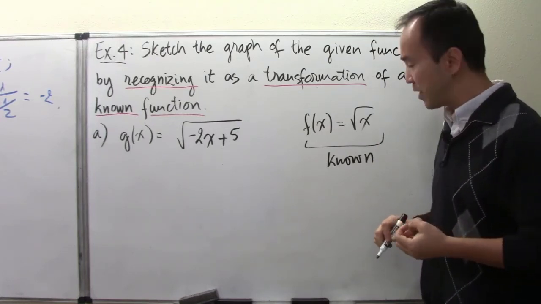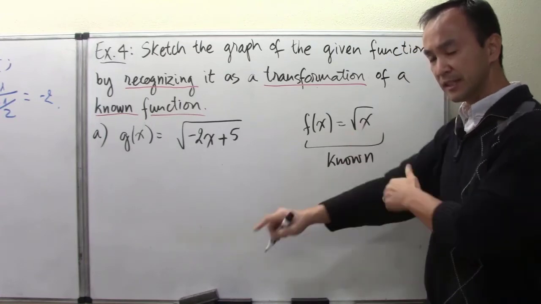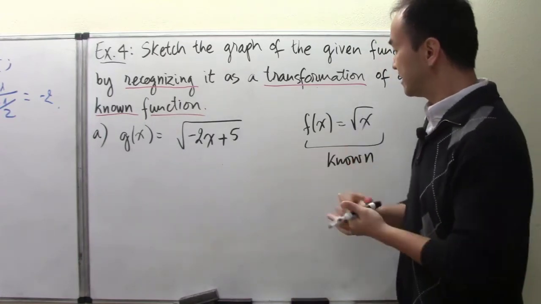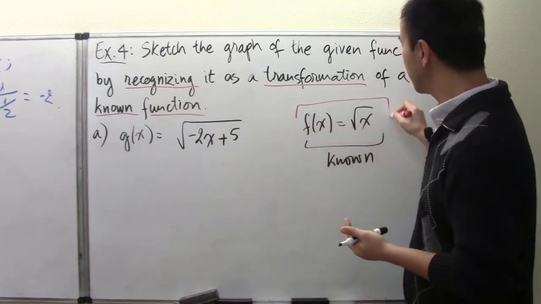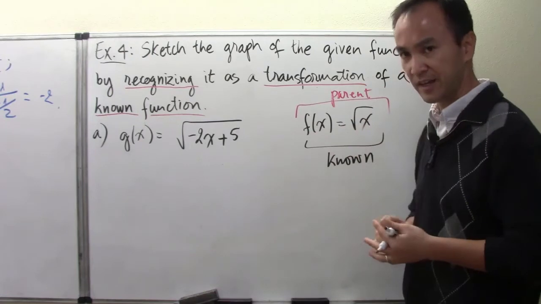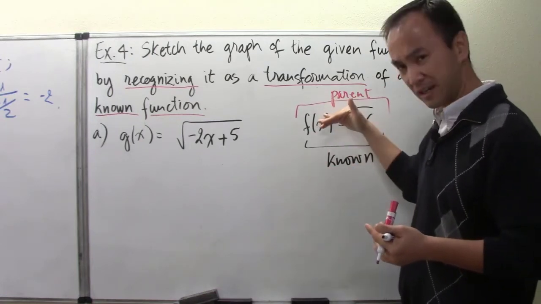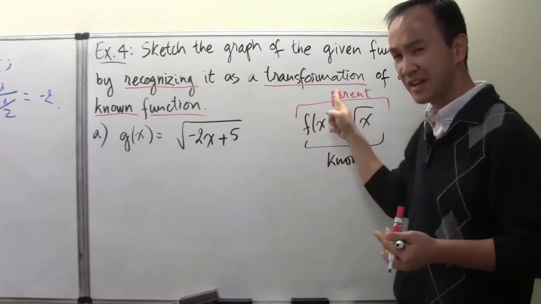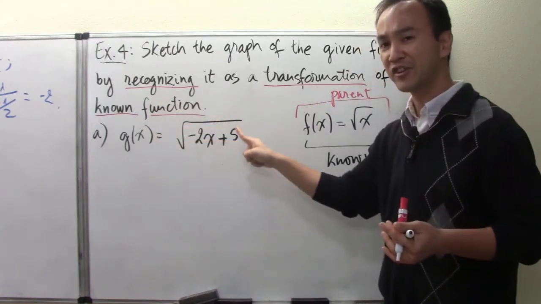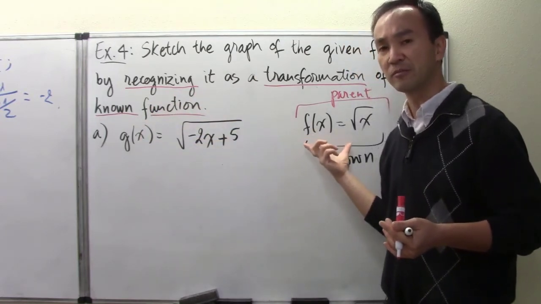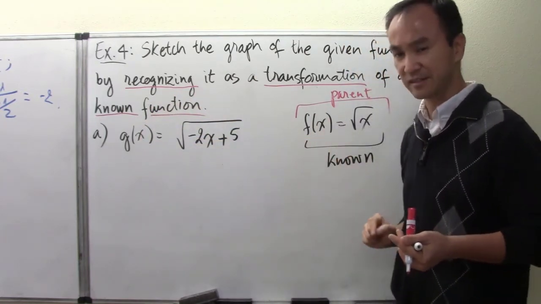So once we recognize this known function, tentatively the idea is that we want to see this as the parent function, and we want to start making that connection of how g can come out as a descendant function from this parent function.